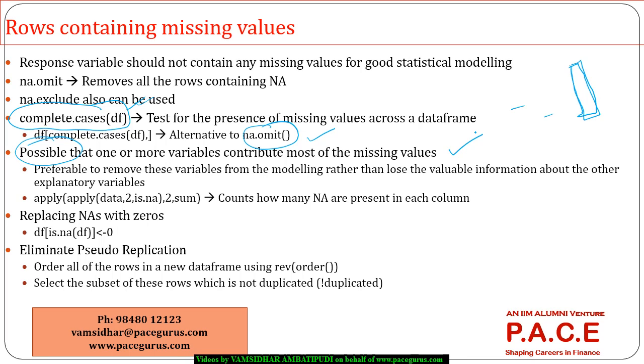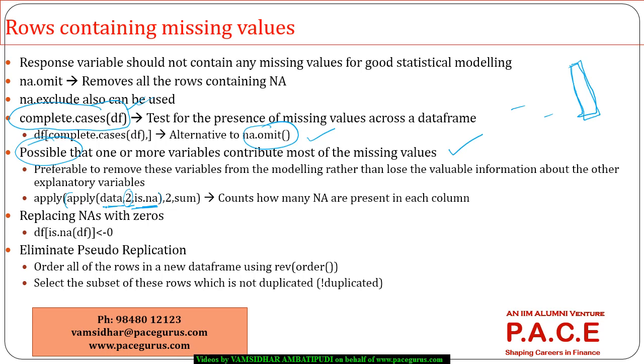This is where you can think of applying a function like apply. Within the data, look at the columns; 2 is the column. So within the data, look at the columns which have NAs. That is what the apply function is doing.